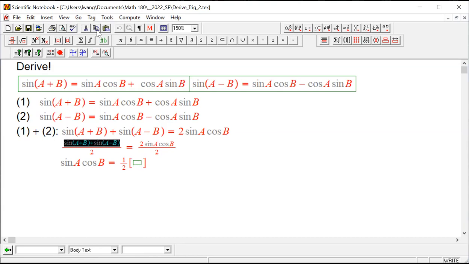And inside the bracket, it's a sum. Okay, so this is one of the two formulas we are about to derive.